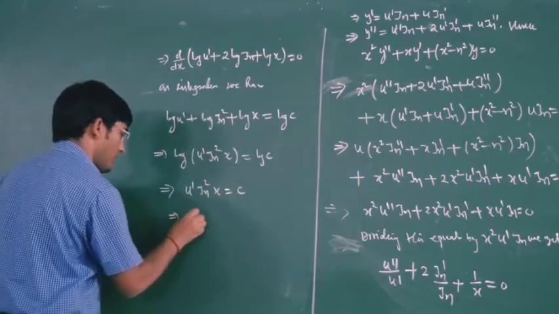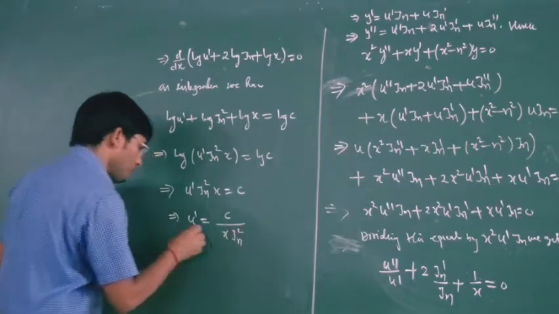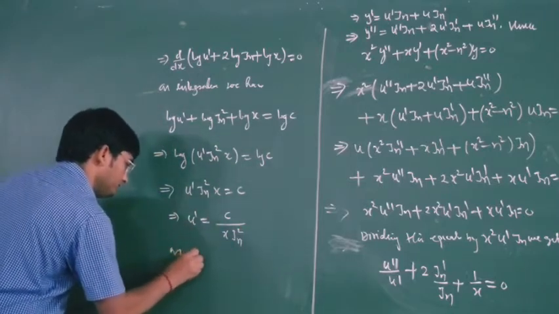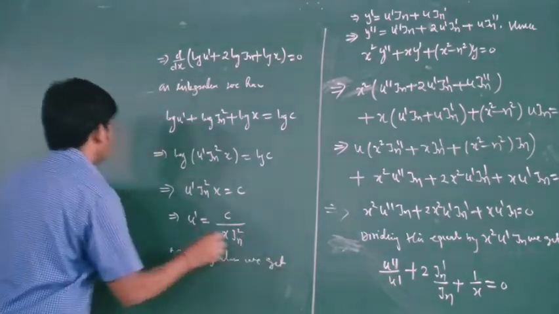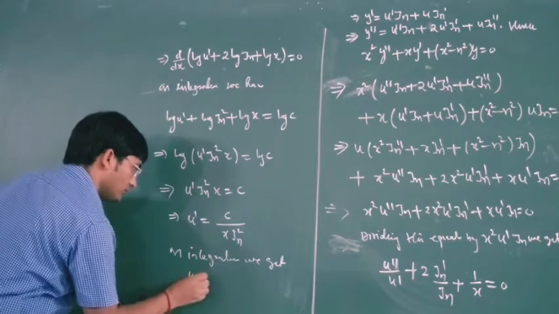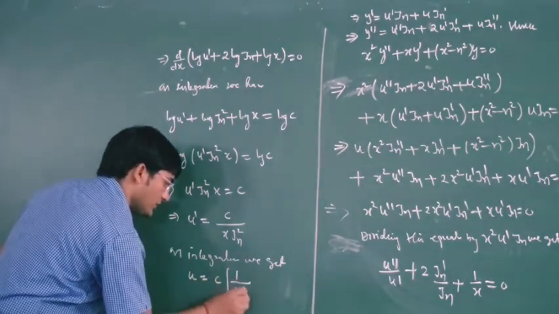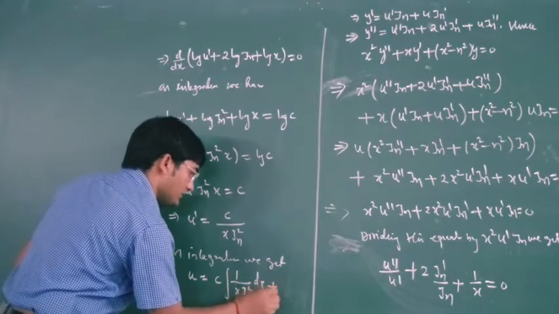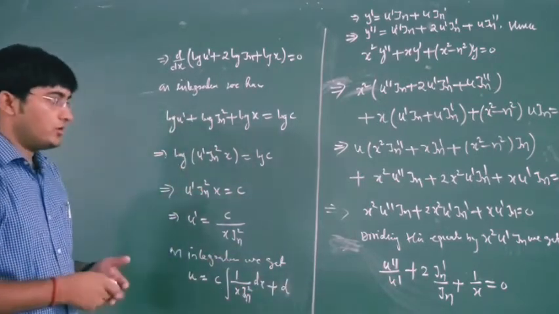So from here we have u dash equal to c upon x Jn square. Again on integration, we will get u equal to c times the integration of 1 upon x Jn square dx, plus some other constant, say d. So this is your u.